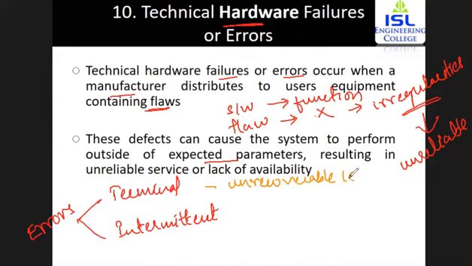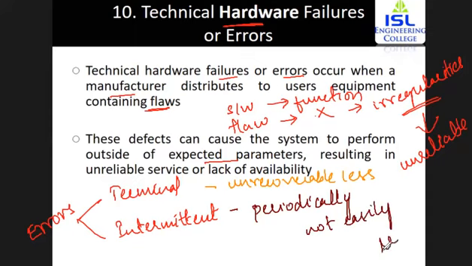That is, some information is completely lost and you cannot recover that information. Whereas intermittent means these are periodically occurring. That is, you cannot identify whether this particular error is going to occur again or is not going to occur. And these are not easily repeated.